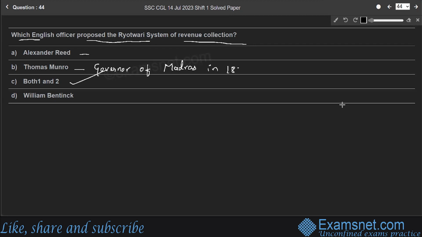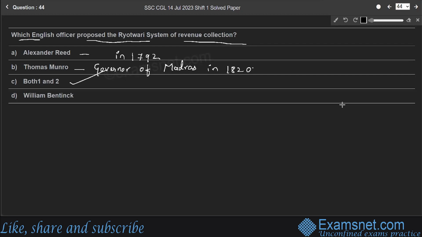in 1820. However, this system was first executed by Captain Reed in the year 1792 in the Baramahal region of Tamil Nadu. Right? It was introduced in the Madras, Bombay, along with some provinces of Coorg and Assam later on.